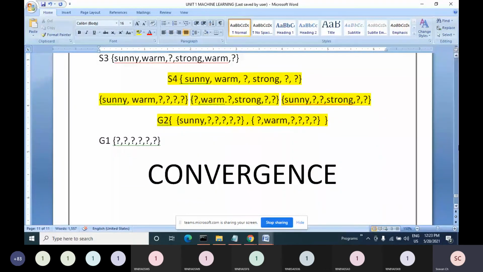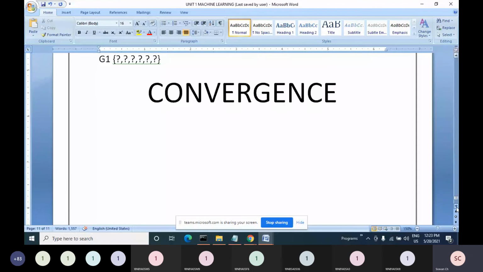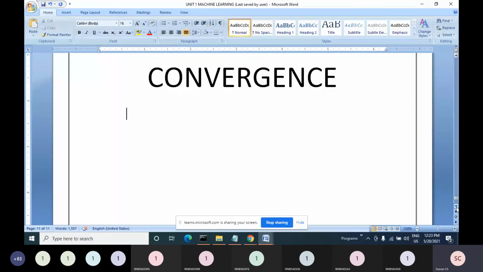Initially, when I apply the candidate elimination algorithm, I might get 6 solutions, but over a period of time, when I increase my training data, the number of hypotheses will converge.